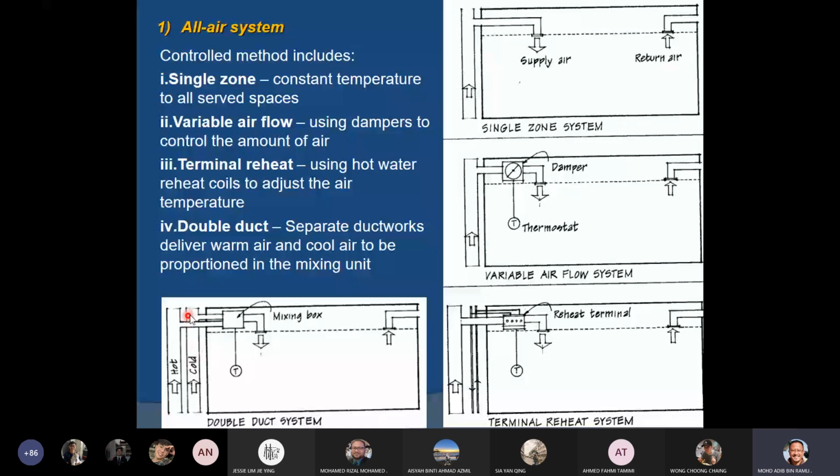I believe this is more for overseas, where they have four seasons, right? During winter, during summer. So that's why they are using this kind of system. The hot air is actually coming from the outside. The hot air from the outside gets proportioned with the cold air from the chiller. It gets mixed up in this mixing box to get to the desired temperature.